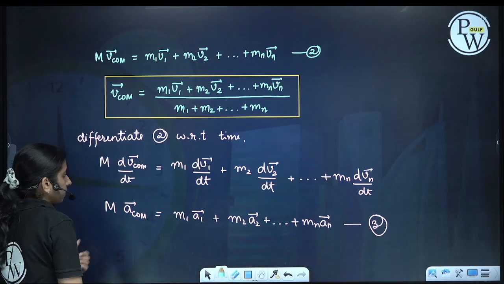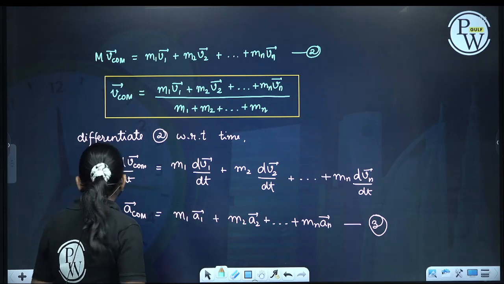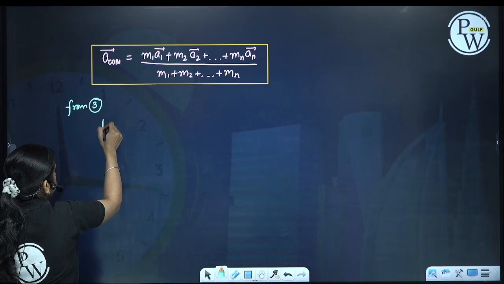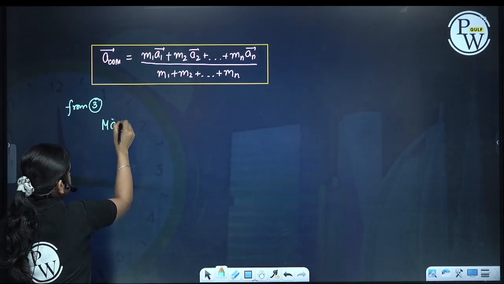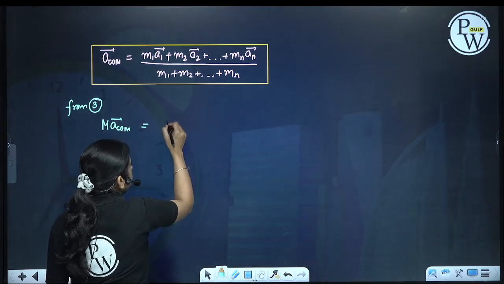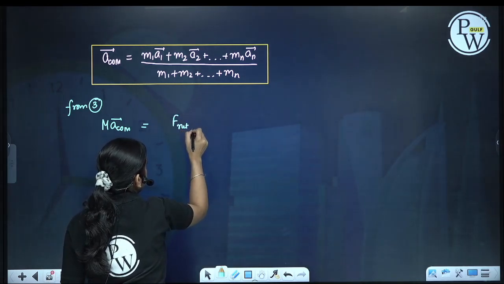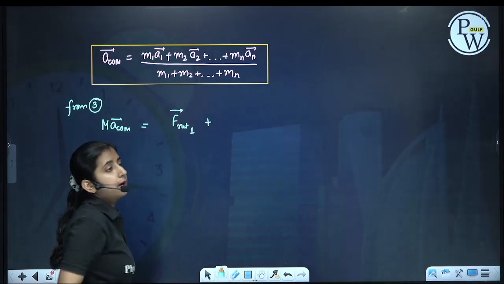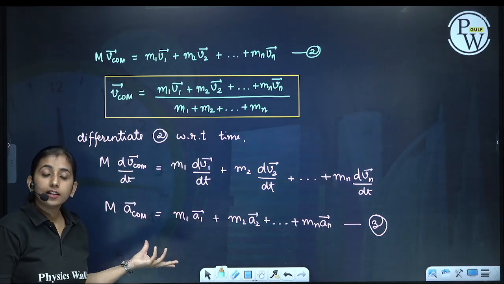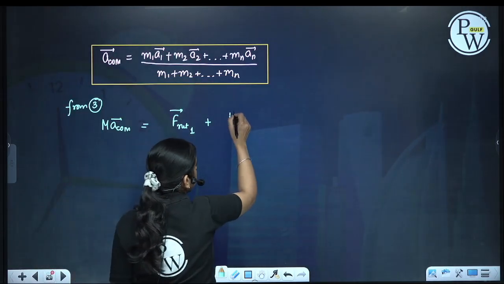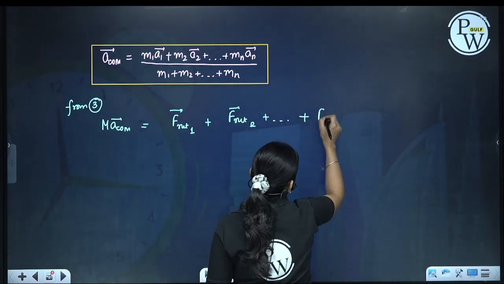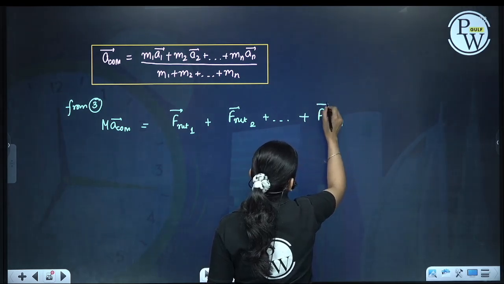Now see, from equation number 3 we can write it as M acom is equal to net force on 1, since m1a1 gives the net force on particle 1, mass of one particle into its acceleration, plus net force on 2 up till so on plus net force on the nth particle.